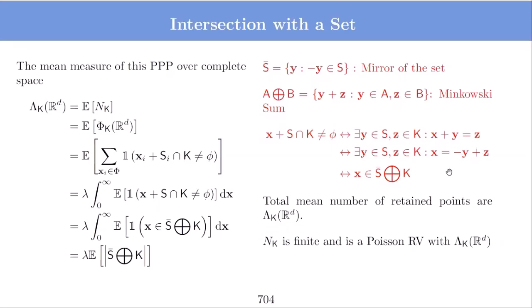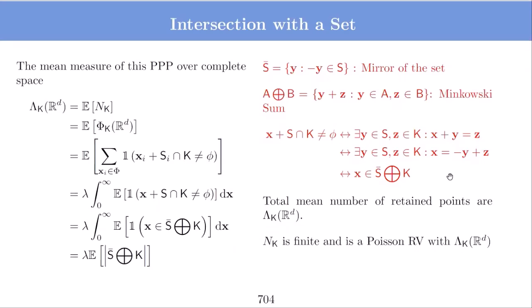So this means that x should be an element of the Minkowski sum of S bar and K. See, S bar Minkowski sum K is made from all the vectors which are minus y plus z, right? So if y is in S and z is in K, S bar Minkowski sum K is made from all such y and z.